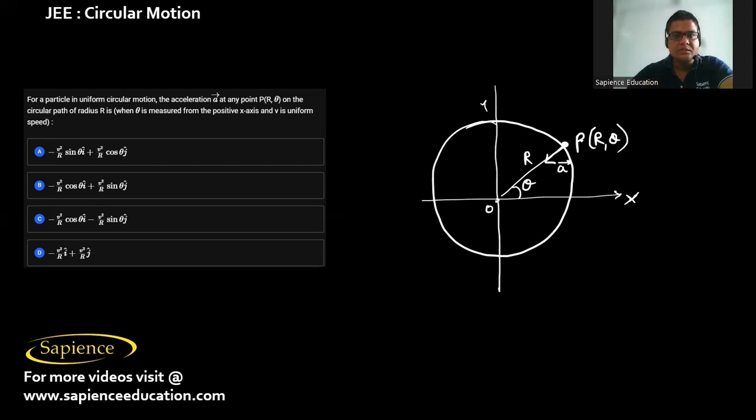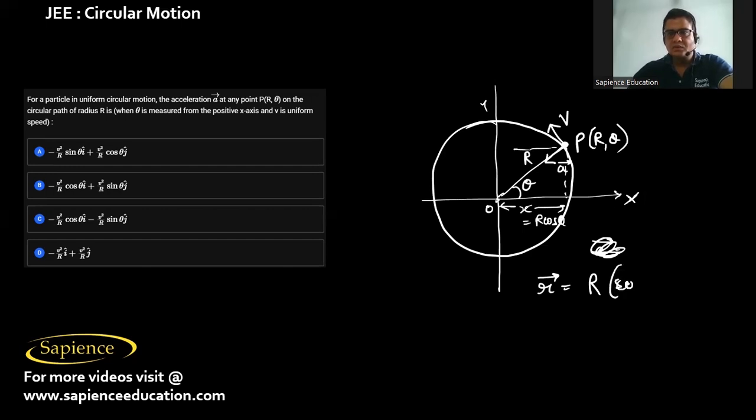Then it is moving with a velocity v. So therefore the position vector of the particle P is r, where the x coordinate is r cos theta and the y coordinate will be r sin theta. So this is r into cos theta i cap plus sin theta j cap.